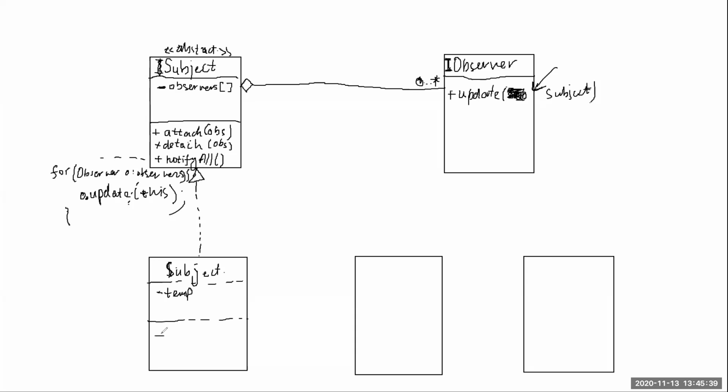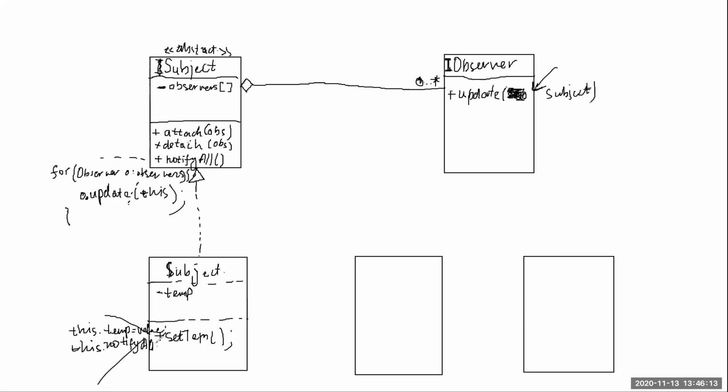If you have a private temperature value, then you have a temp setter, and let's say it takes an integer. What you normally do here is you say this temp is equal to value, and then you say this notify all.